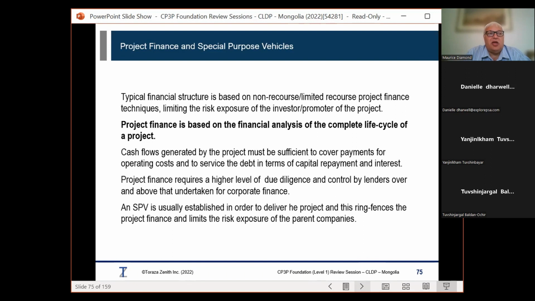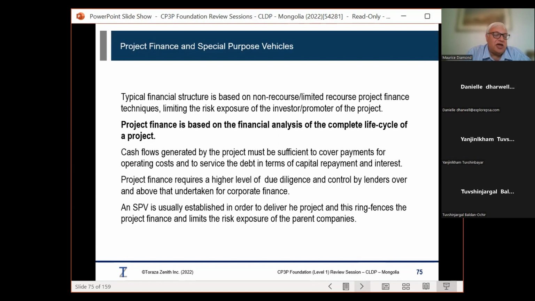Now, with project finance, they don't do that. Basically, an SPV is set up, and then the private sector lenders look at the cash flows that flow within the SPV, and those cash flows, that is the asset, that is what is important to those lenders.